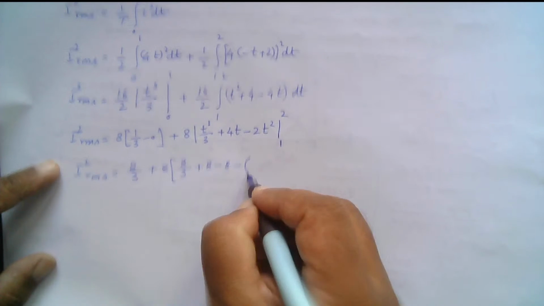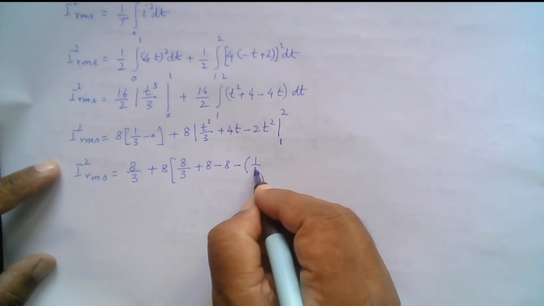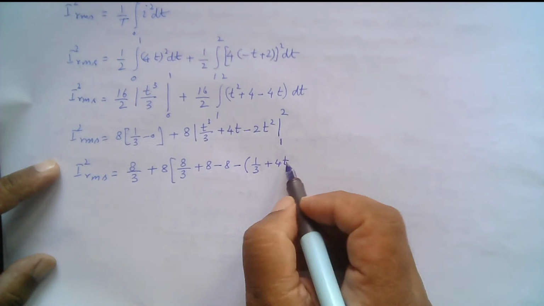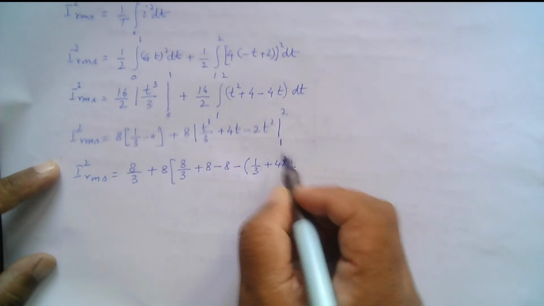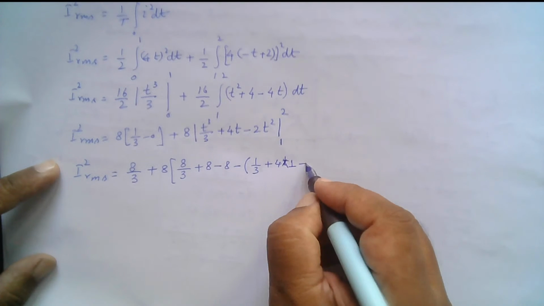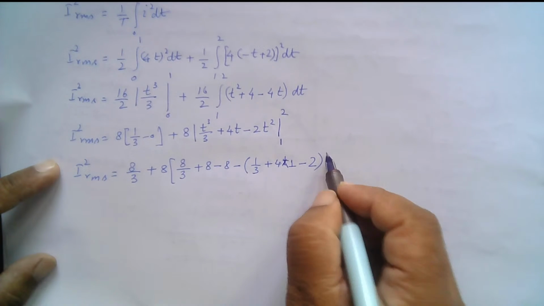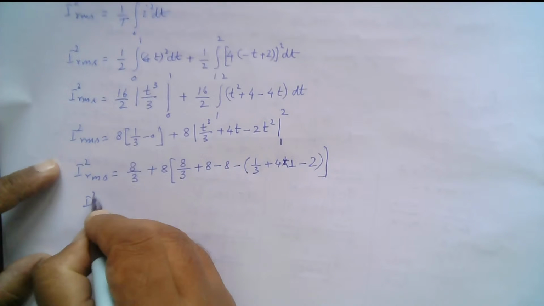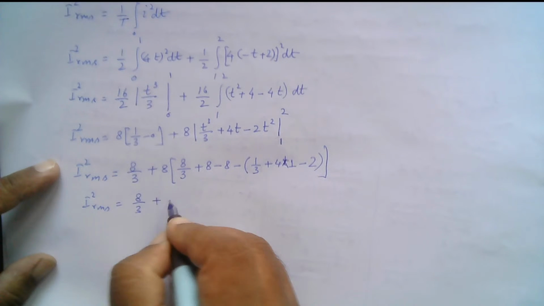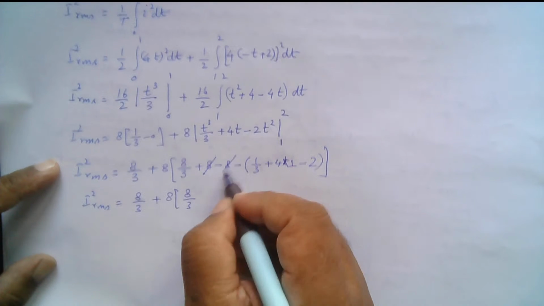and then minus, putting the lower limit now, 1 over 3 plus 4 multiplied by 1, that is 4, and then this is minus 2. So I square RMS is equal to 8 over 3 plus 8 into 8 over 3. This cancels, this cancels.